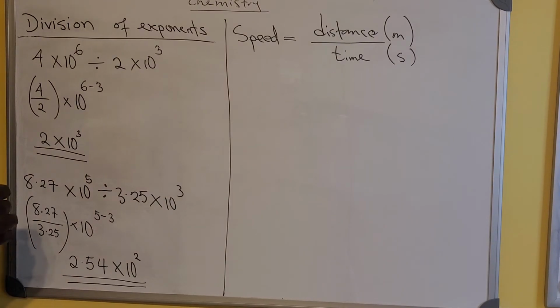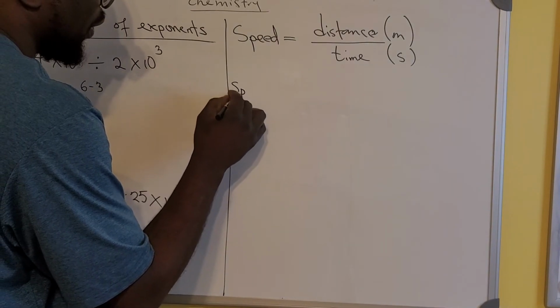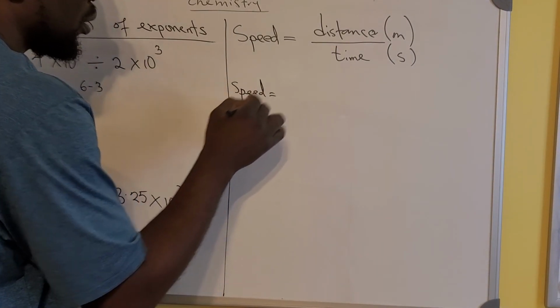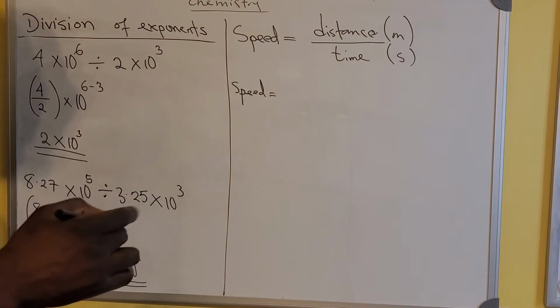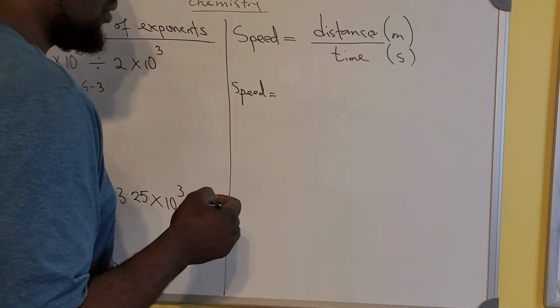So we want to find the speed of a ball, or say the speed of a bullet that is going to travel.